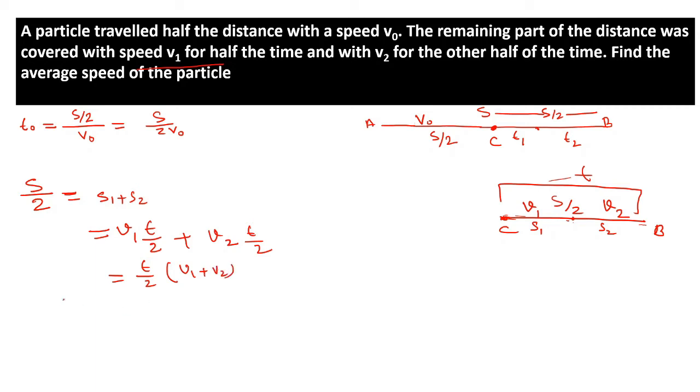So t will be S by (v1 plus v2). Is that clear to all of you?